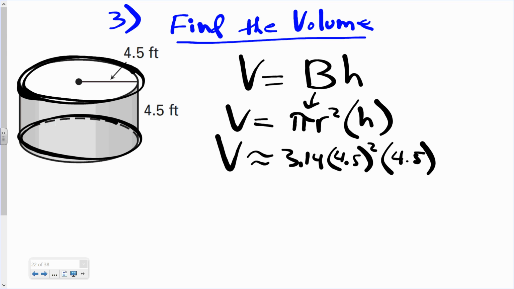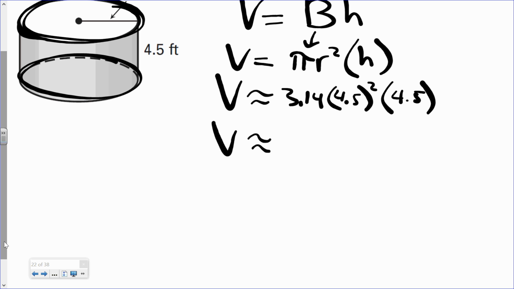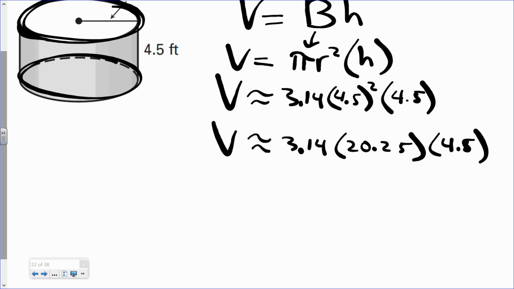That's the base. It would be 20.25. So 3.14 times 20.25 times 4.5. Cubic feet.